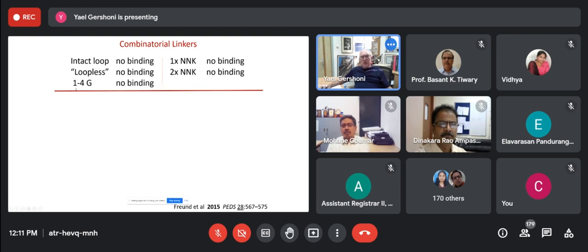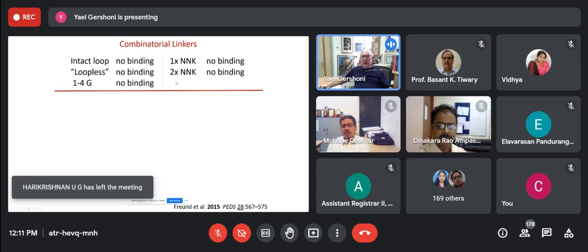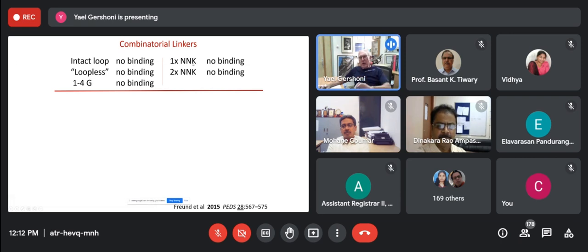If we use 1, 2, 3, or 4 glycine residues, assuming that they're flexible, they too do not bind. And if we actually introduce all 20 amino acids, NNK is a codon that codes for all possible amino acids, all 400, 20 times 20 amino acid linkers, none of them worked.